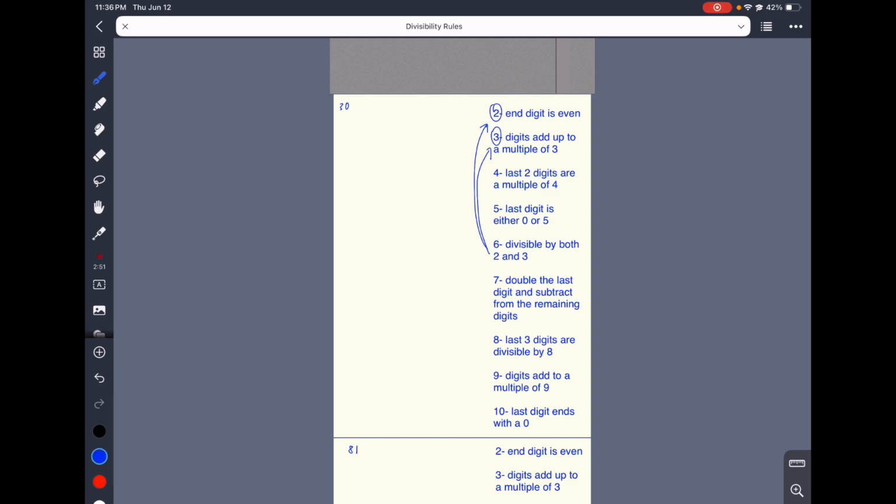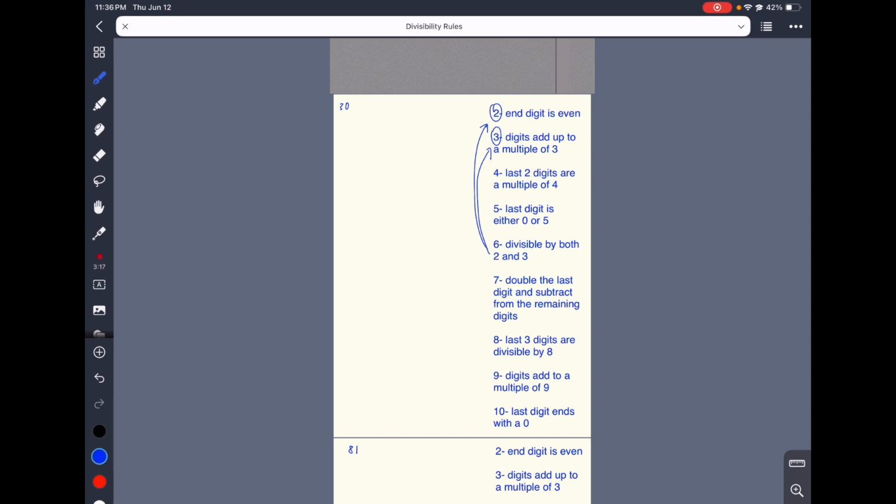If this number is divisible by both 2 and 3, meaning that it meets the criteria for both the number 2, like being divisible by 2, and the criteria for being divisible by 3, this means that this number is divisible by 6. If you double the last digit of this number and subtract from the remaining digits of this number, then this number is divisible by 7.